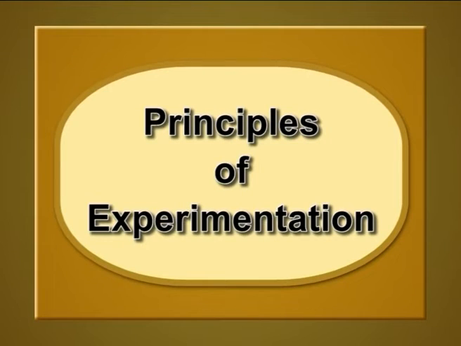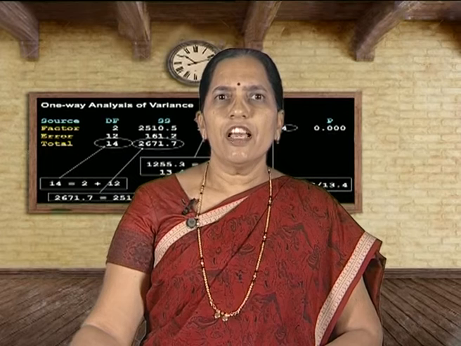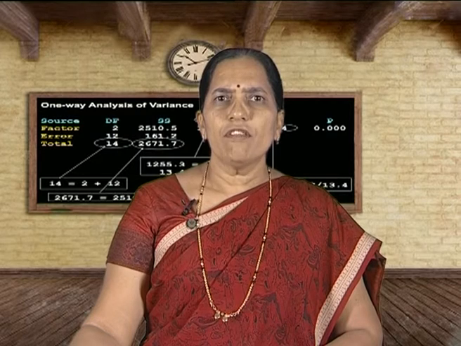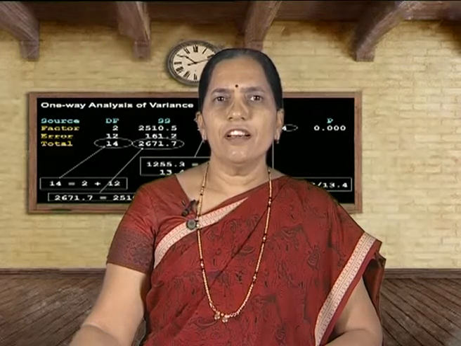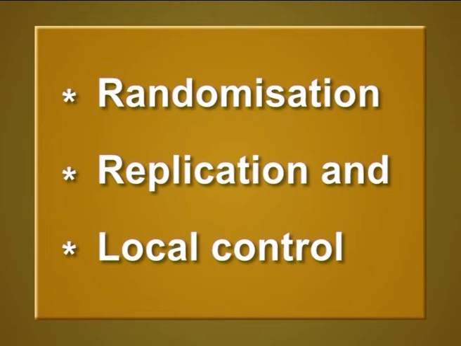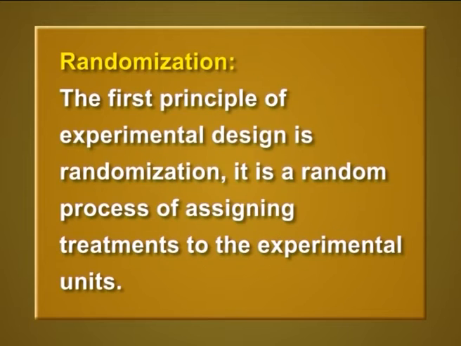Principles of experimentation. The experimental design involves the three basic principles. They are randomization, replication and local control. Randomization. The first principle of experimental design is randomization. It is a random process of assigning treatments to the experimental units.